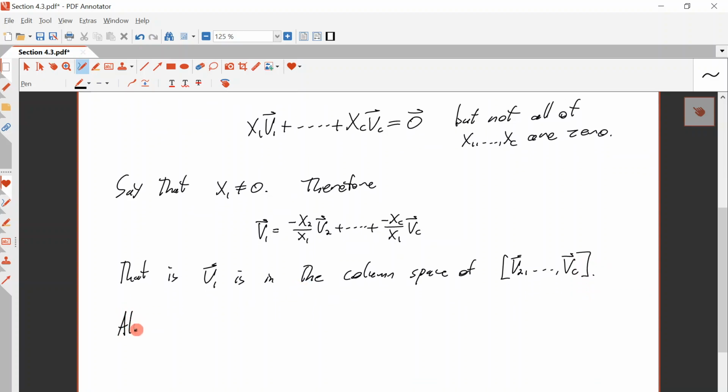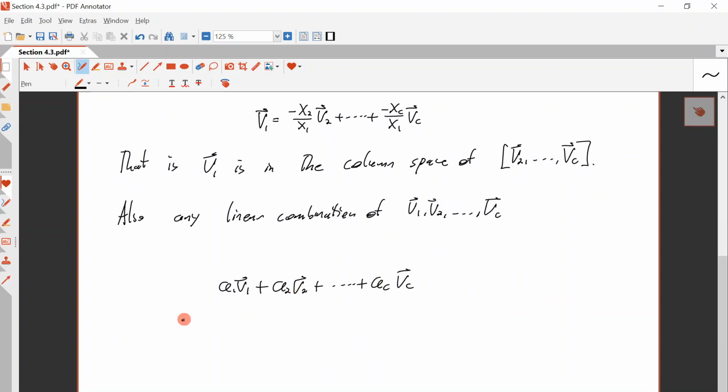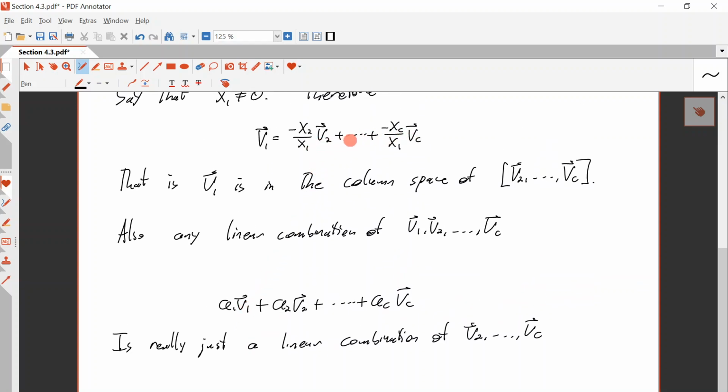Also, any linear combination a1 v1 plus a2 v2 through ac vc is really just a linear combination of v2 to vc, because v1 is a linear combination of v2 to vc.